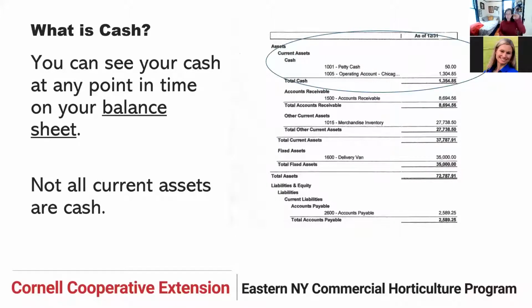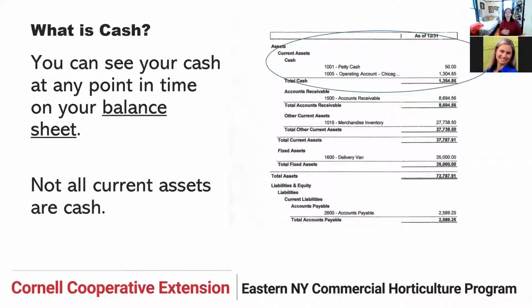So anytime you run a balance sheet, you're getting a snapshot of the value of that business at that moment in time. And if you run a balance statement, assuming it's done correctly, you can see how much cash that business has. It'll be up there under current assets, cash, it's very cleverly named.